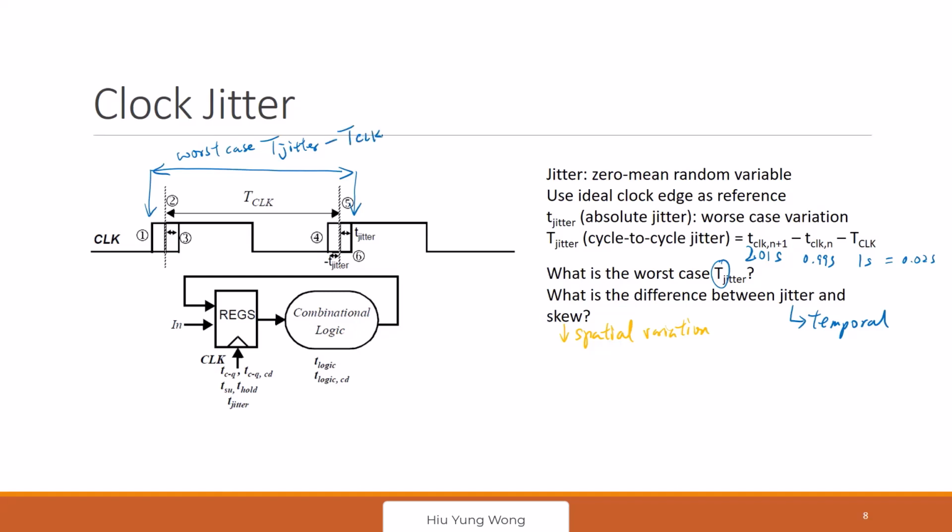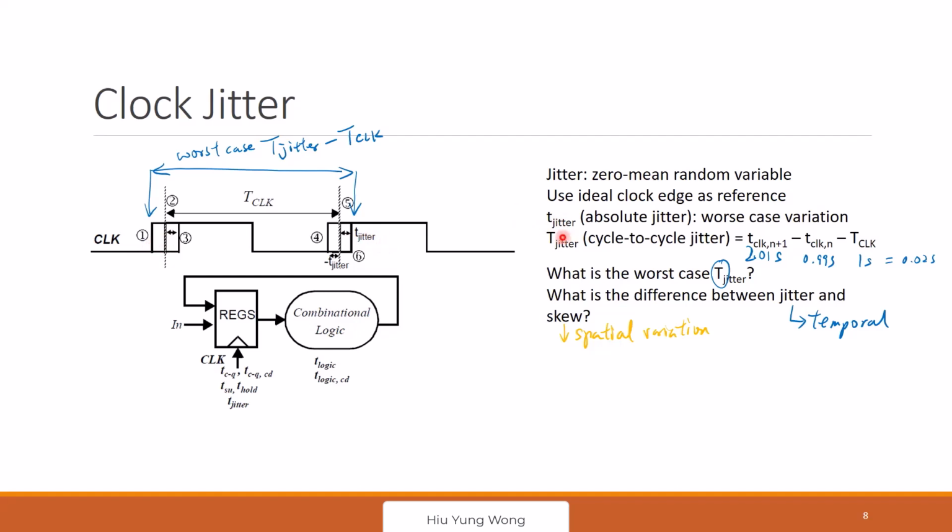What is the worst value for this, based on this figure? If it is 0, then it's perfect, right? But what is the biggest difference between T jitter and T clock? Like this one comes up about lowercase t jitter earlier.